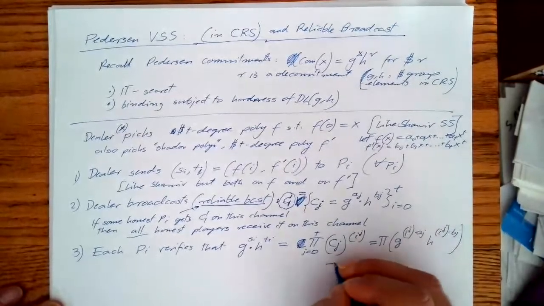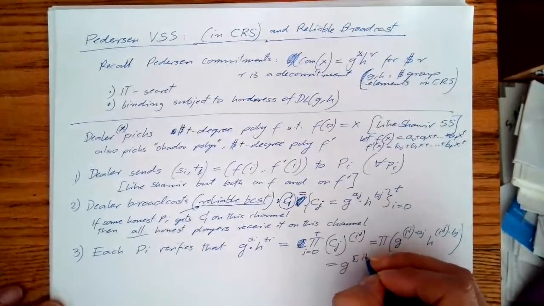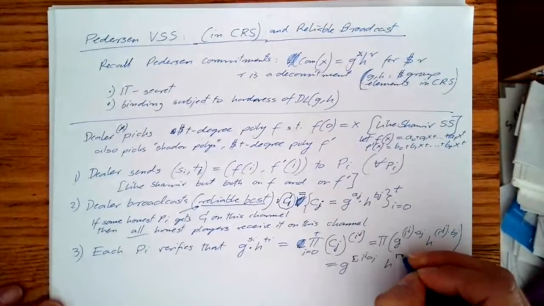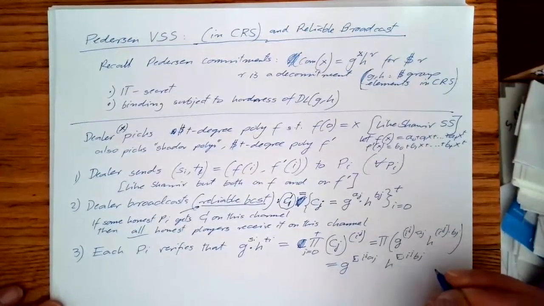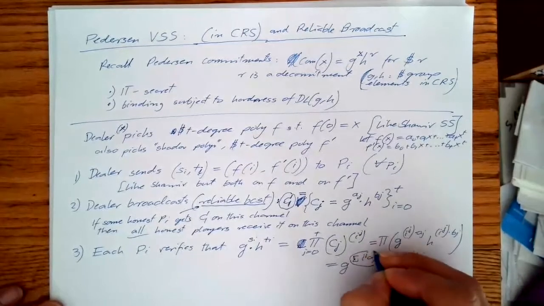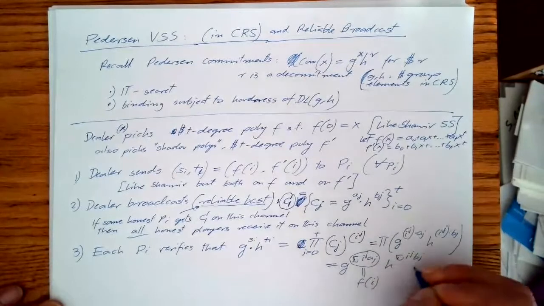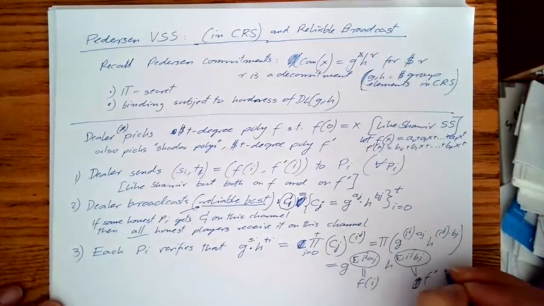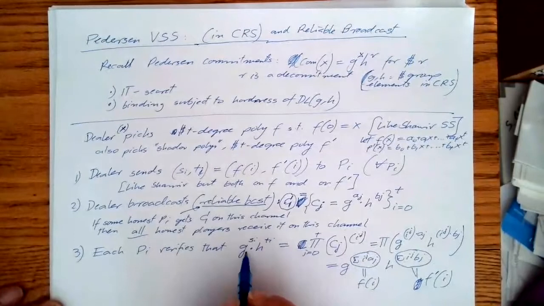So that's the same as g to the sum of i to the j Aj, and this is h to the sum of i to the j Bj. So this sum is f of i, and this sum is f prime of i. So that's what it's supposed to be.